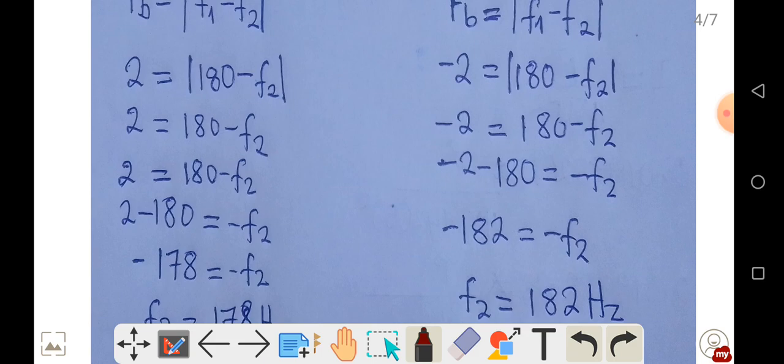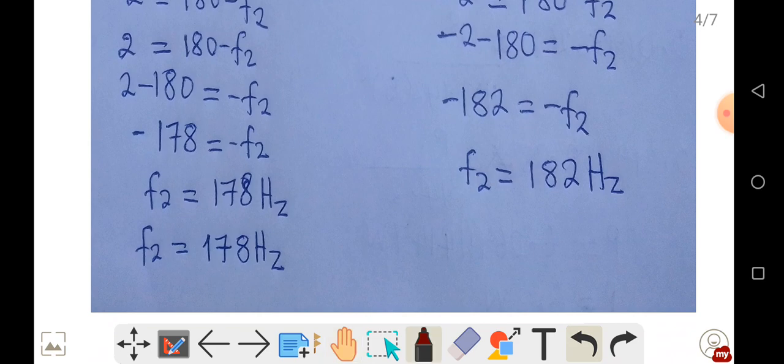When we remove the absolute value, we remain with this. We collect the like terms together, so this, when it goes to the left hand side of the expression, becomes negative. So 2 minus 180 gives negative 178 is equal to negative frequency 2.